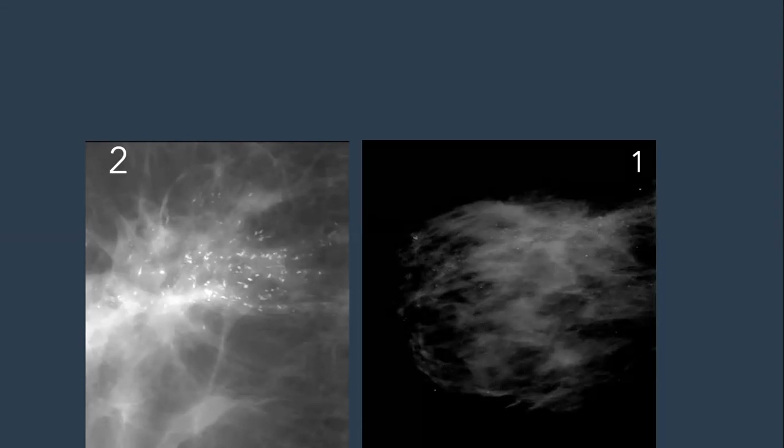We spent how many hours describing the calcifications? The name of the classification. This is pleomorphic. How come?